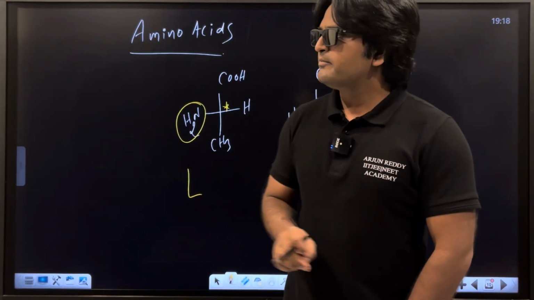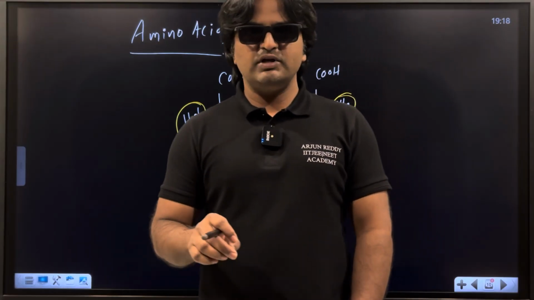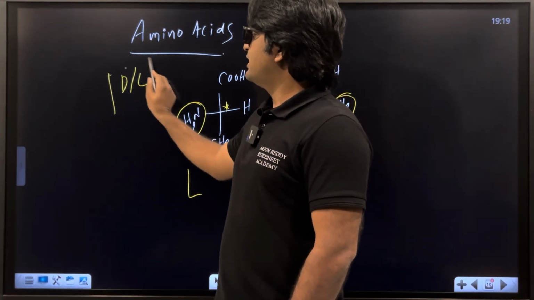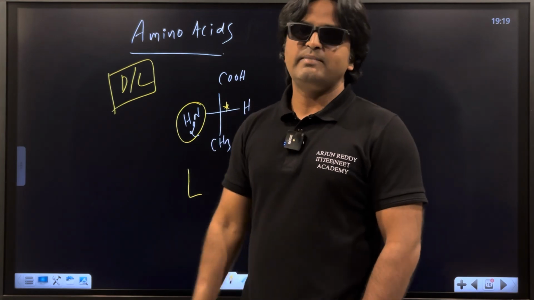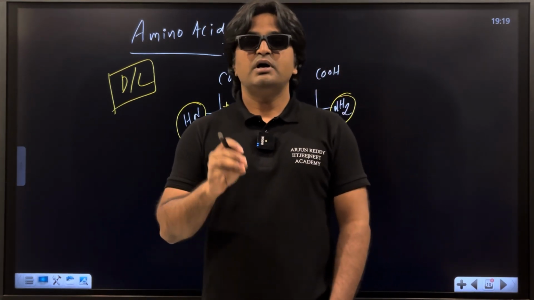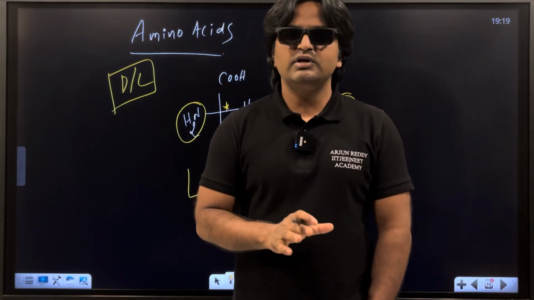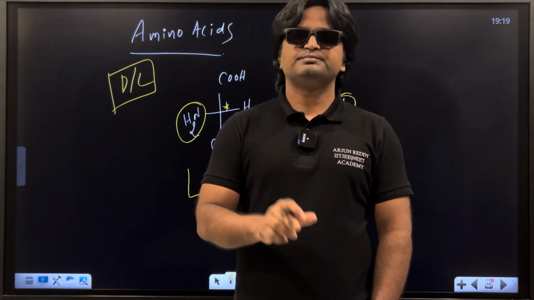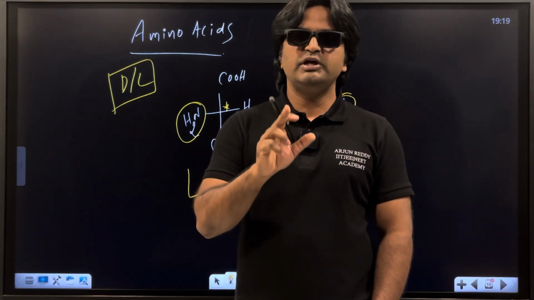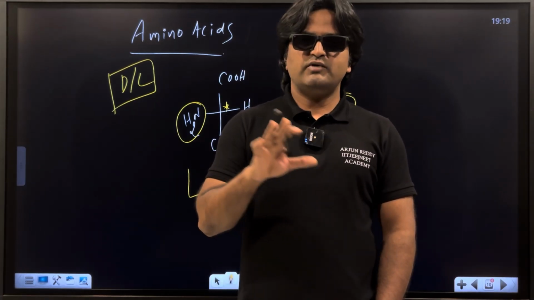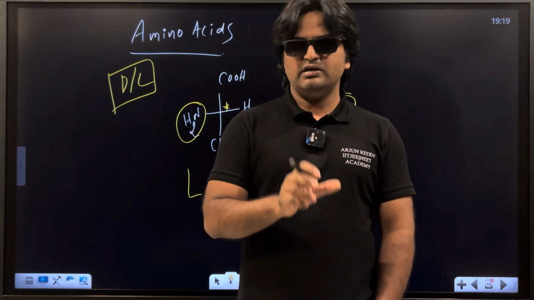Once again, before leaving this DL configuration, I want to repeat the same point: capital D and capital L. What is the meaning of capital D and capital L? These are the relative configurations, and we use these relative configurations only on Fischer projections. And what is the important condition? Your Fischer should be in the golden Fischer form. Okay, right. And for sugars, what is the reference molecule? Glyceraldehyde.